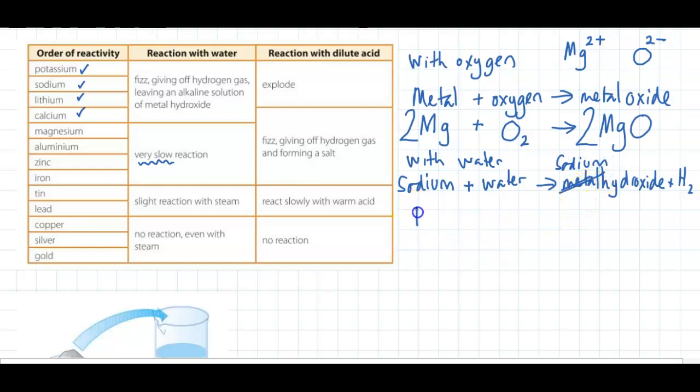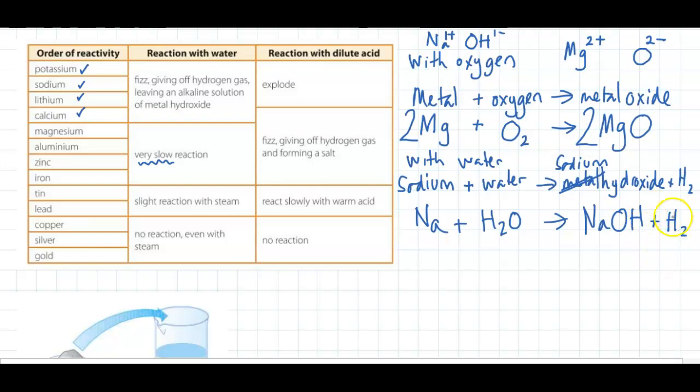Again, in symbols, metals are in group 1. Hydroxide ions are 1-. So when the sodium reacts with the hydroxide ion, the simplest ratio is 1 sodium to 1 hydroxide. And we know that we get hydrogen gas, remembering that hydrogen goes round in pairs.